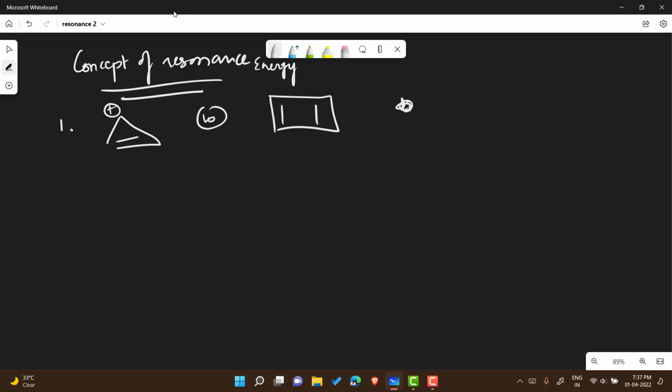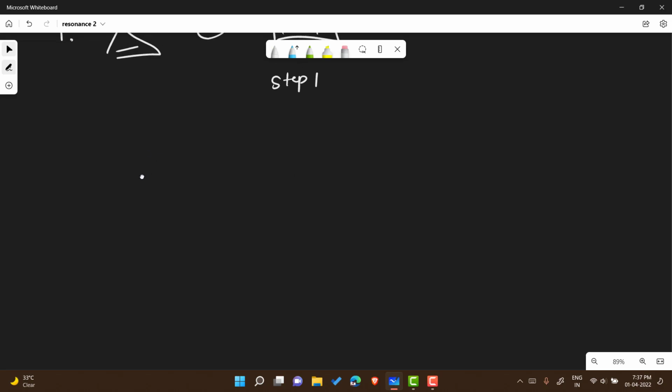As you remember how to check this, there are further steps that you need to do. Firstly, step 1 is, as I have already done in stability of similar resonating structures, somewhat similar to that.